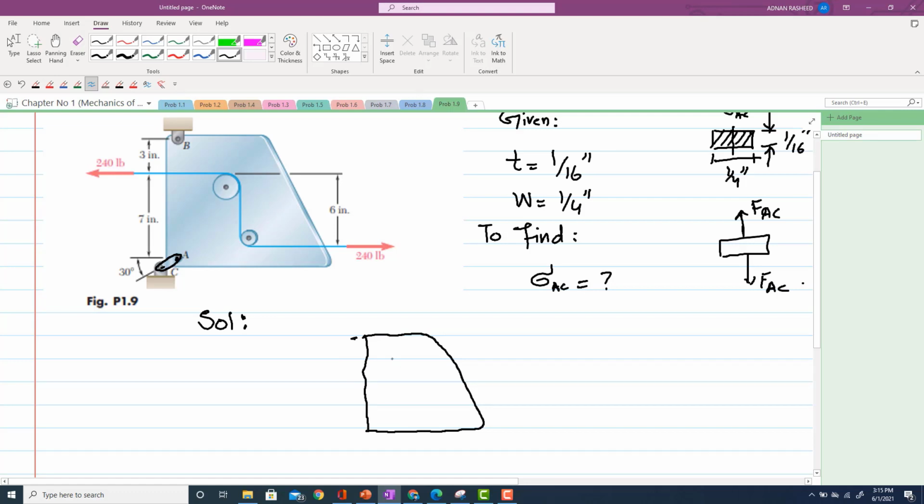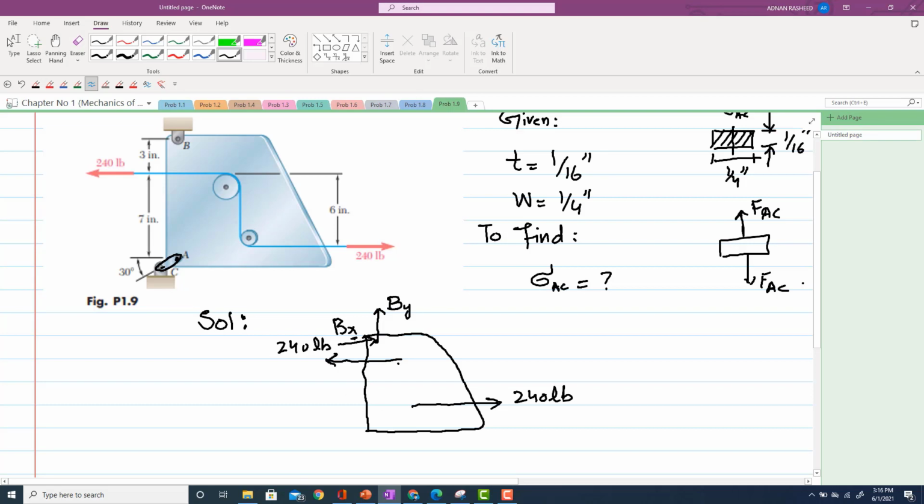These are the two forces: one is acting like this, the force is 240 lb, and there is another force, this is also 240 lb. This is point B where the force is acting, and if you remove the support you have to give the vertical and horizontal forces like that. This is horizontal force BX.